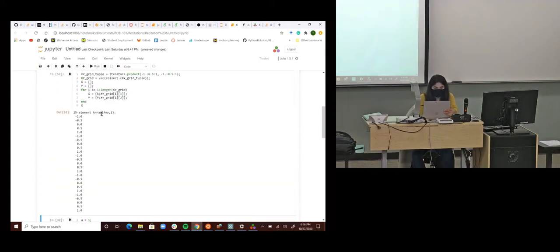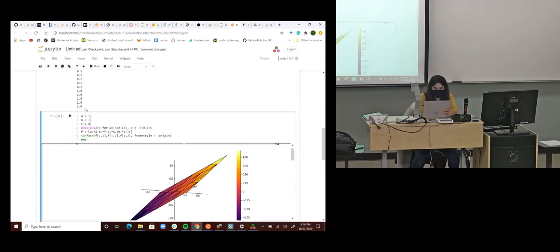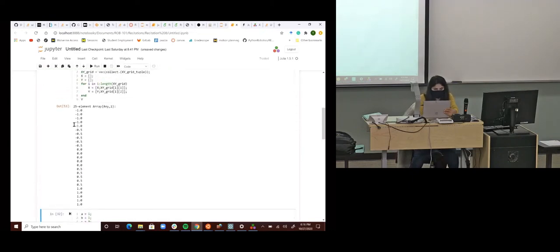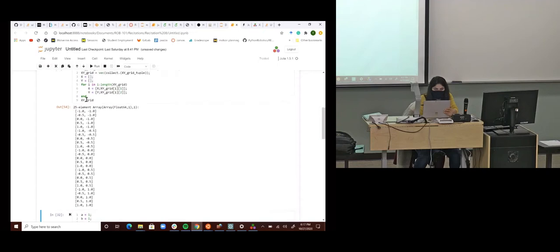So x goes from -1, -0.5, 0, 0.5, 1, and y will also go from -1 to 1. It's basically defining a grid in x and y. Actually, I can probably print out the xy grid. That'll be easier.